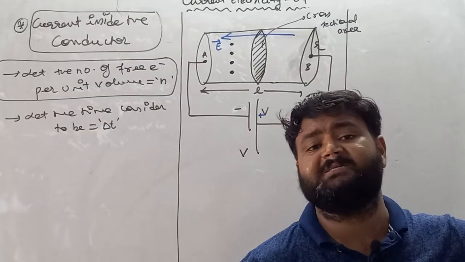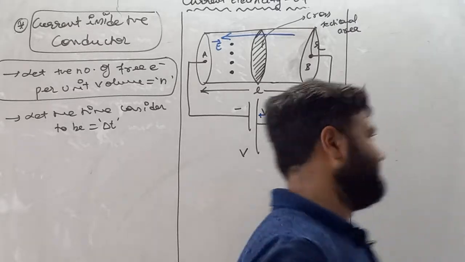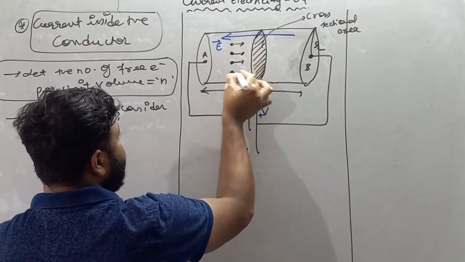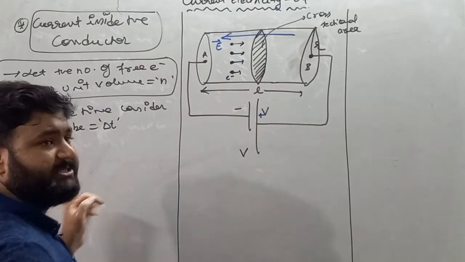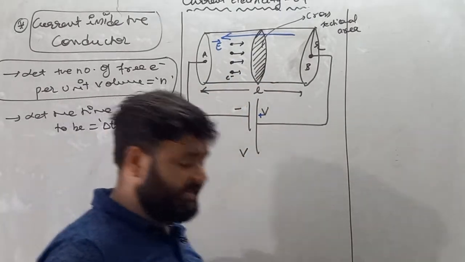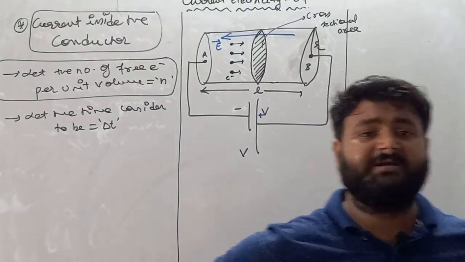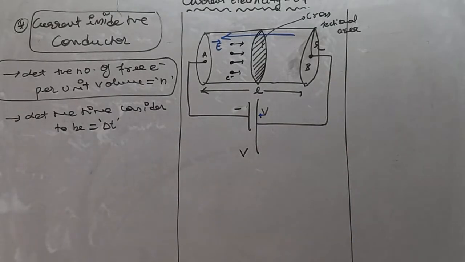Every electron moves in the same direction with the same velocity. So the direction of velocity of a free electron must be opposite to the direction of electric field, since in the presence of electric field, an electron experiences force opposite to the direction of electric field. These things were understood in the previous topic.